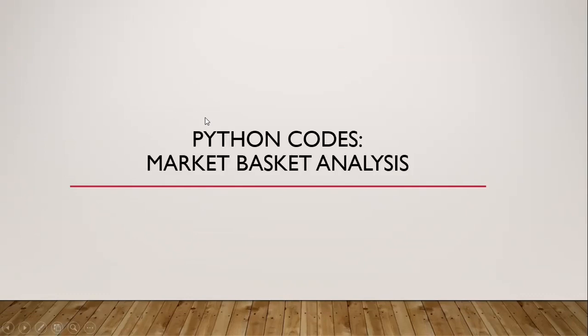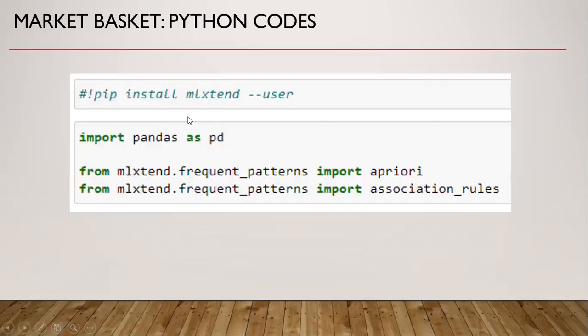Let us see Python code for market basket analysis. I will use these packages in my Python code. One is pandas for data frame handling. The other is mlxtend frequent patterns. We will import apriori and association rules from the package mlxtend frequent patterns.